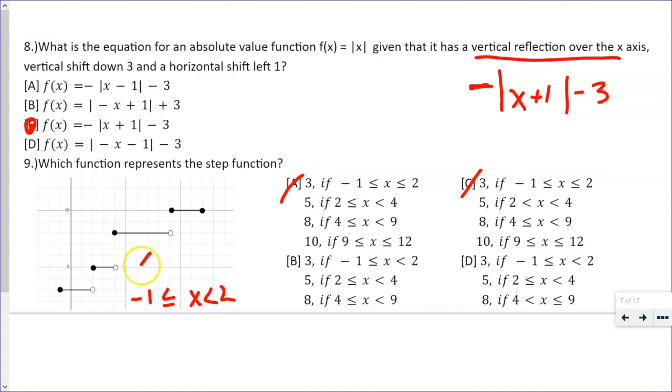5 has a closed parenthesis and open parenthesis between 2 and 4. So let's look at B and D. Okay. They both are correct. All right. Let's move on to the next one. Okay. It is 8.